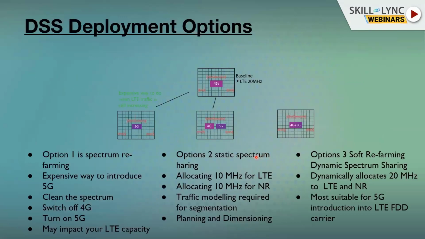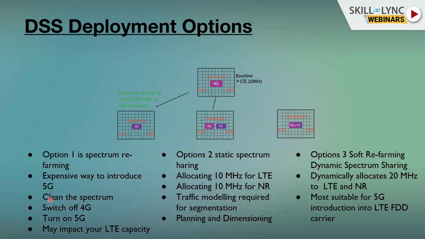So if we cover these deployment options, we've got a couple of options here. First one being your spectrum refarming. This is something that operators were doing before, right? We're moving away from that model, towards a soft refarming model, because in order to do spectrum refarming, you're actually turning off 4G to enable 5G. So you're completely changing the spectrum usage to 5G.